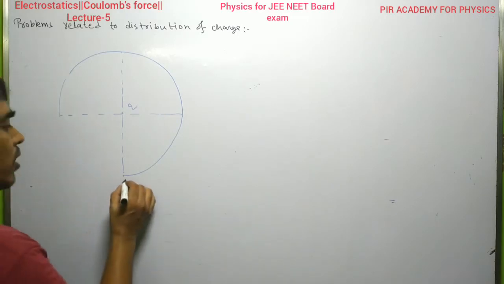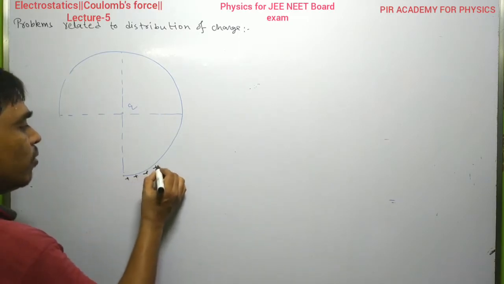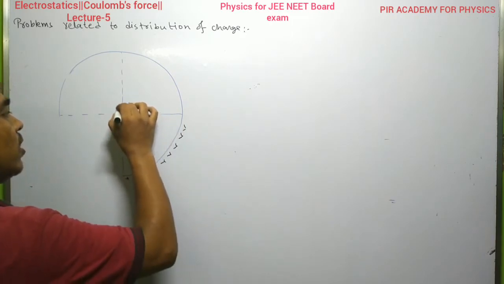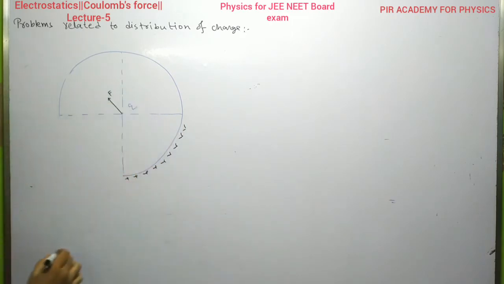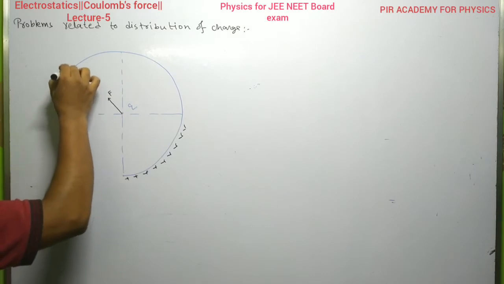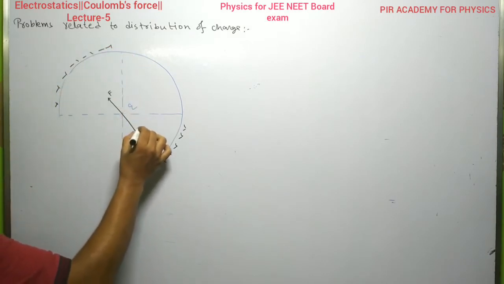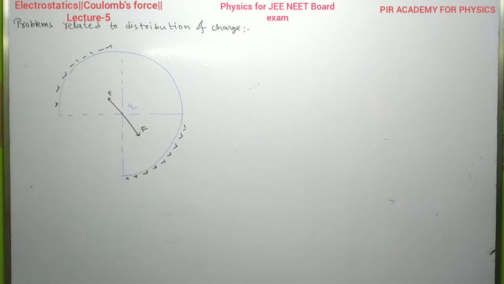For this configuration the force is along this direction, and for this distribution of charge it is along the opposite direction. So these will be same and opposite, so they cancel each other.